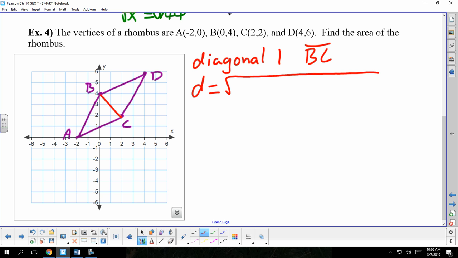Remember how I like to set up the distance formula. I'm going to set up a shell. And what I remember is x's go together and y's go together. We can drop those in. Doesn't matter what the order is. So B, we have 0 and 4.